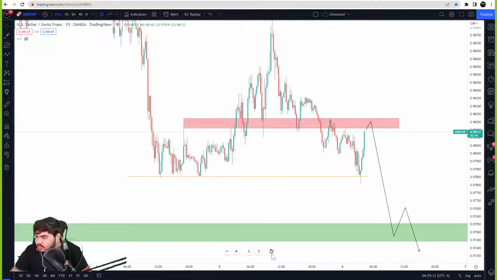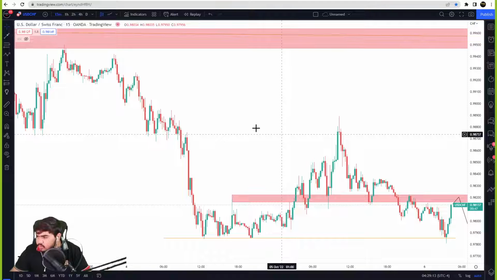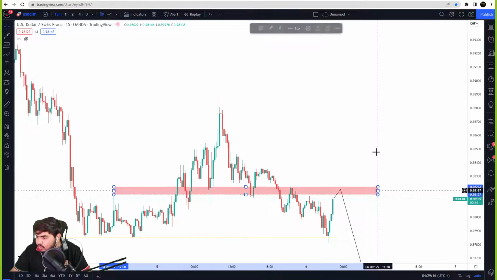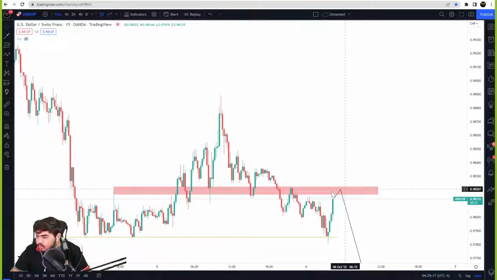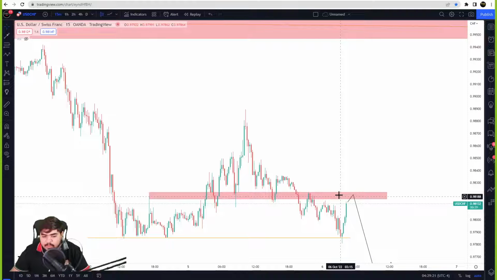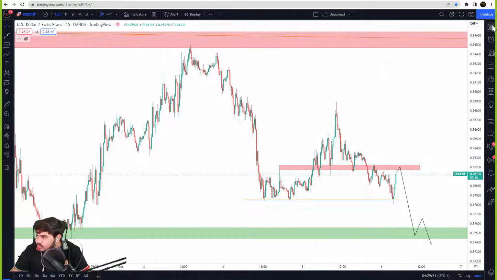So let's pay attention to this area. Let's see if this area holds. We can expect some sort of bearishness in the market from this level on the USD CHF. Let's keep an eye on this one.